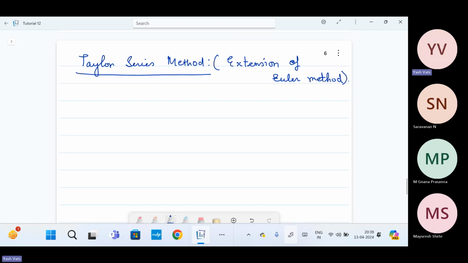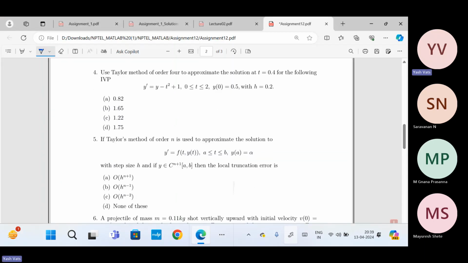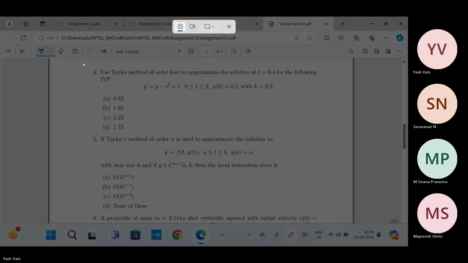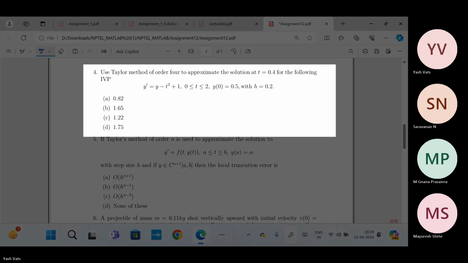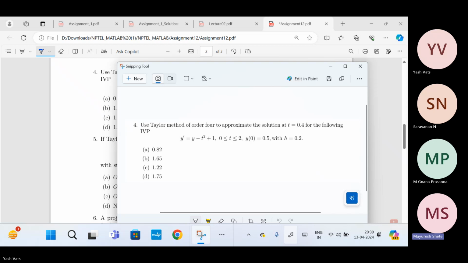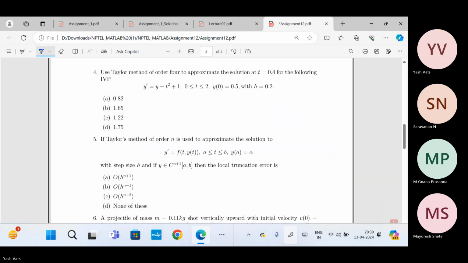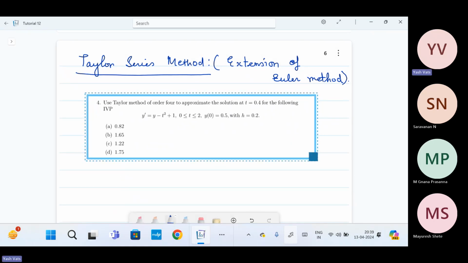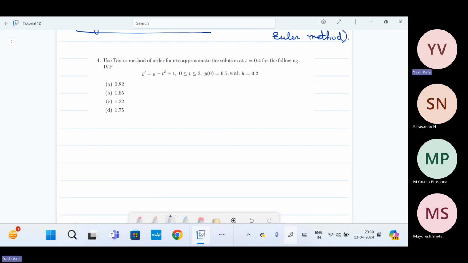I can work with some example to discuss that. Use Taylor method of order 4 to approximate the solution for the following IVP, initial value problem, with h equal to 0.2.